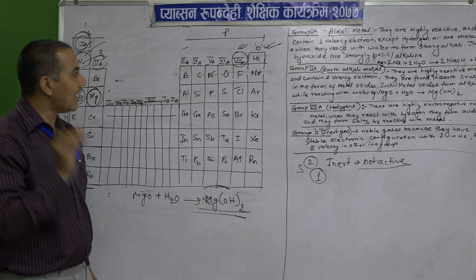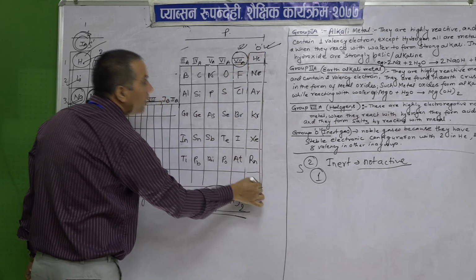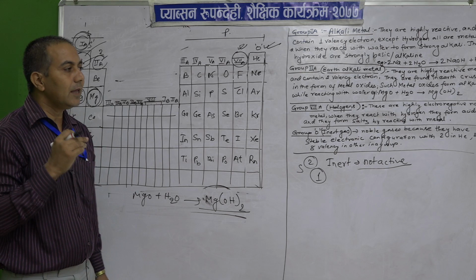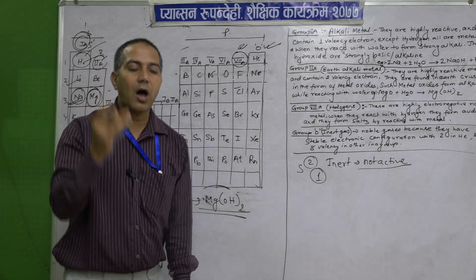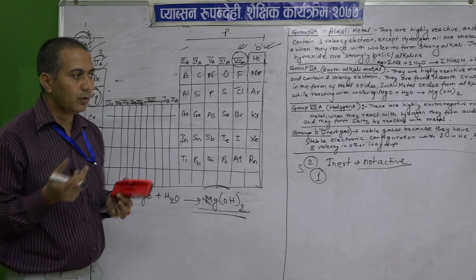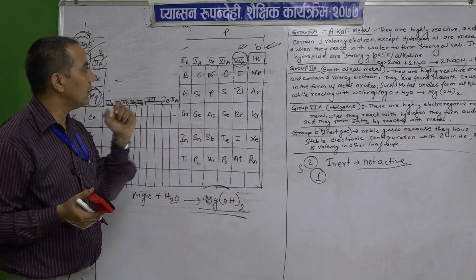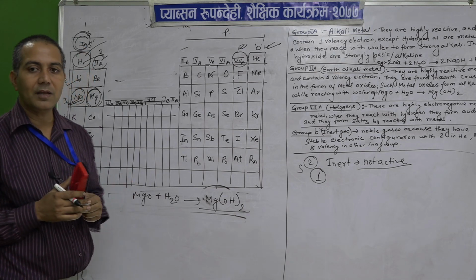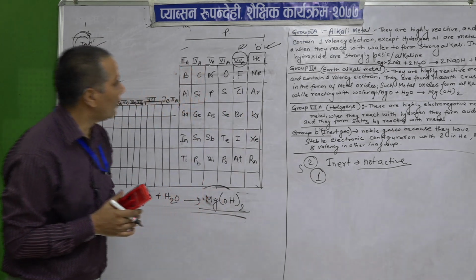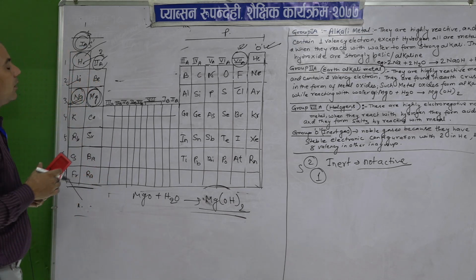That means those elements present in the zero group, or the 8 group, do not actively participate in chemical reactions. You have studied in class 8 that neon or helium are used, and argon or krypton are used for a non-reactive system. So, now comes the next one.